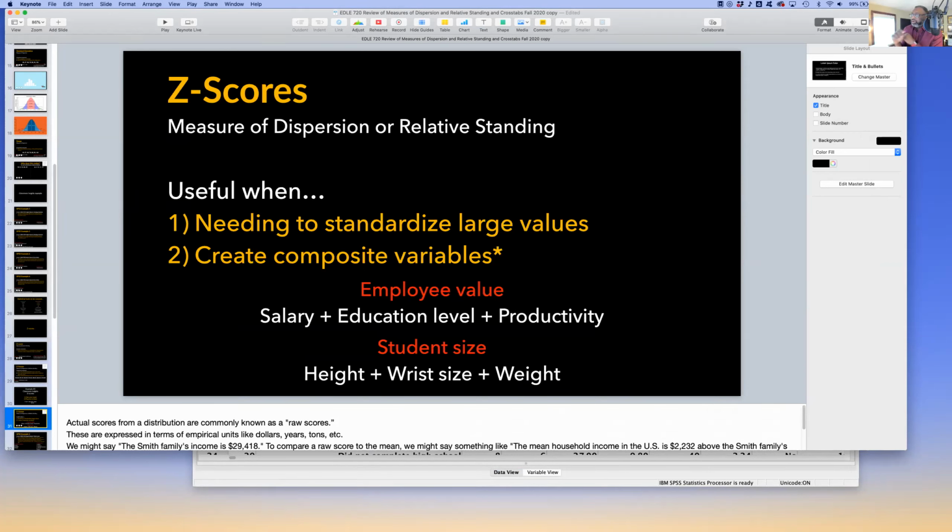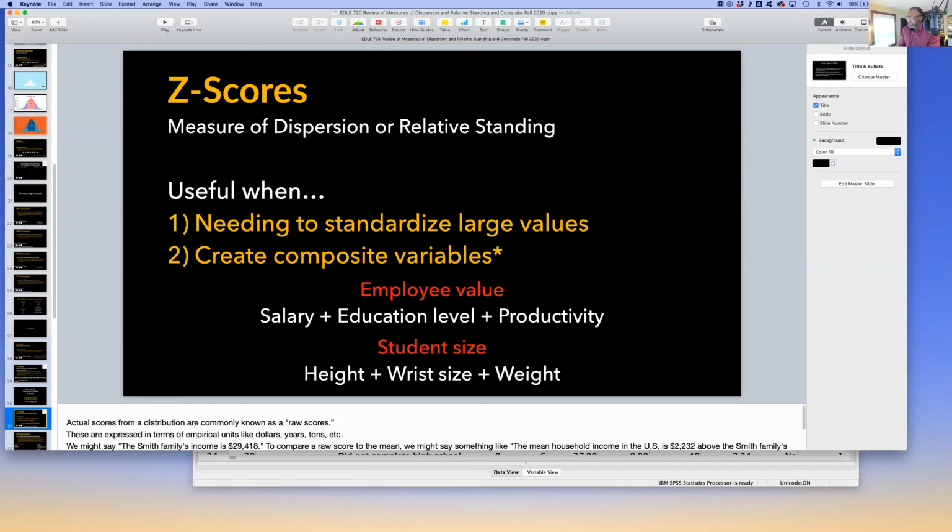So what we see here on this slide is employment value. Employment value could be defined as salary, education level, and productivity. I think those are characteristics of employee value. Student size could be represented as height, wrist size, and weight.